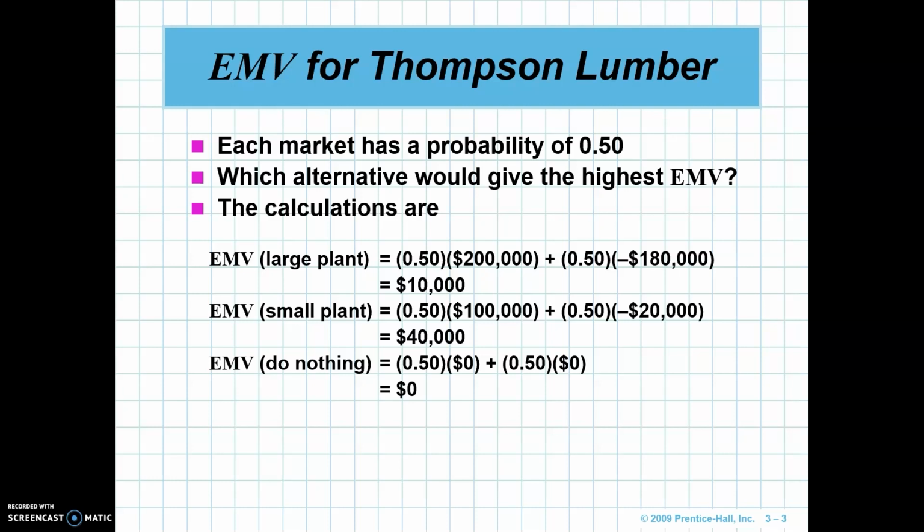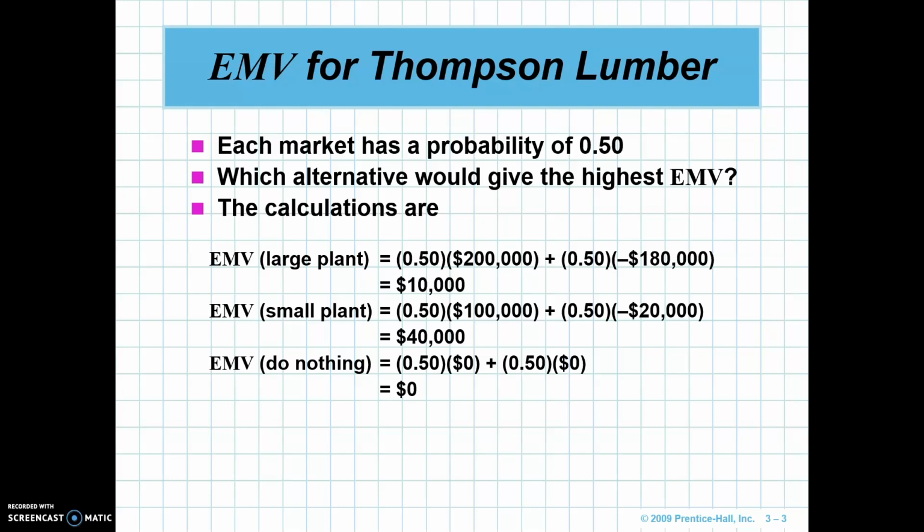Which alternative would give the highest EMV? Three alternatives were there: large plant, small plant, and do nothing, right? In the large plant, when it was a favorable market, the revenue was 2 lakh dollars, and when it was an unfavorable market, the revenue was minus 1,80,000 dollars, right? So the EMV is coming out to be $10,000 in the first alternative, the large plant.